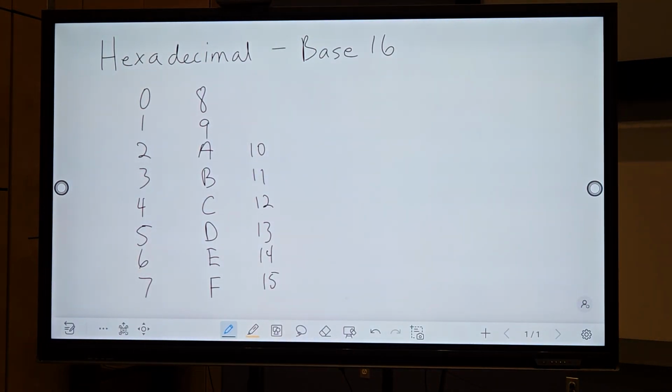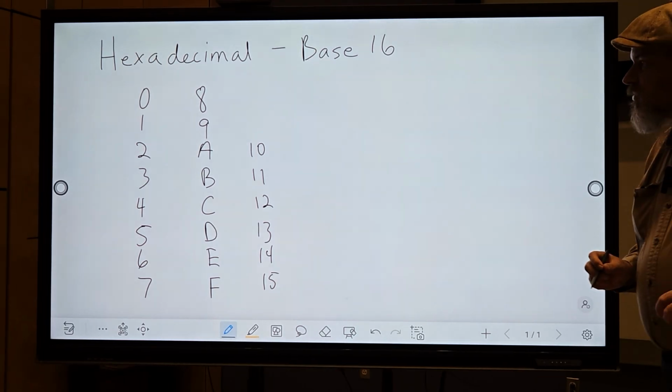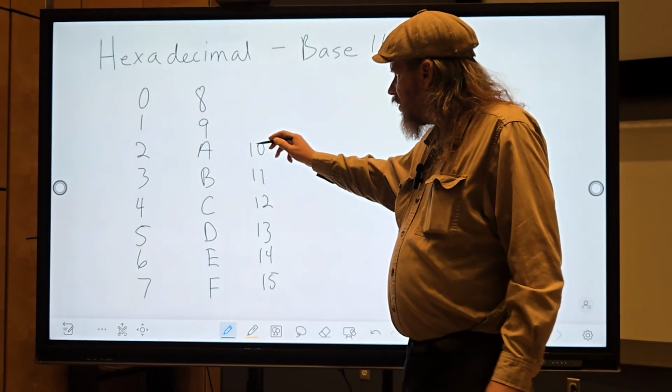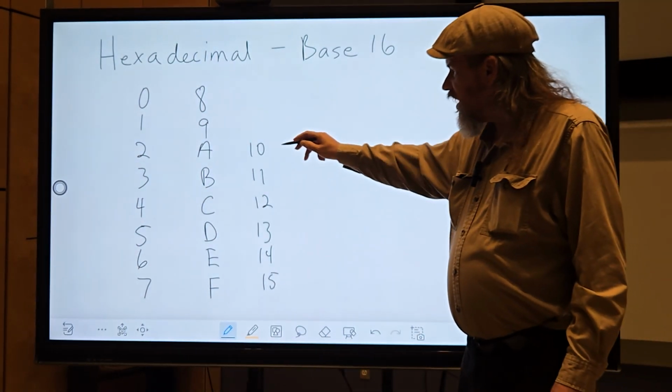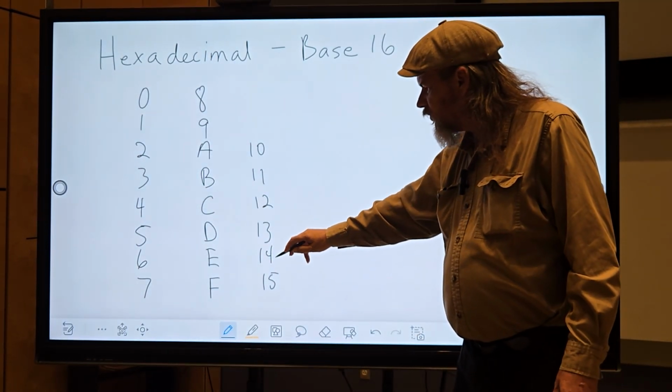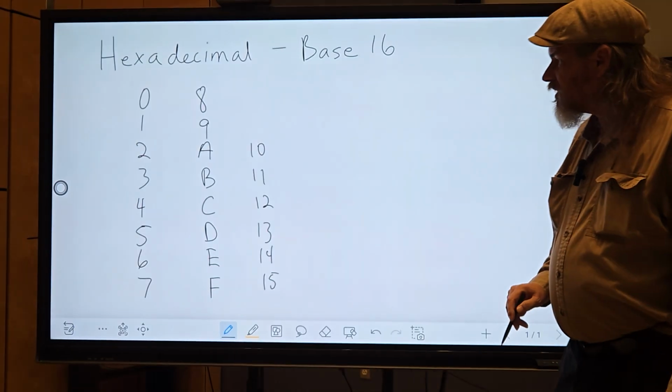We use the 10 decimal symbols for the first 10 symbols of base 16, and then the remaining 6 are A, B, C, D, E, and F, representing 10, 11, 12, 13, 14, and 15, respectively.